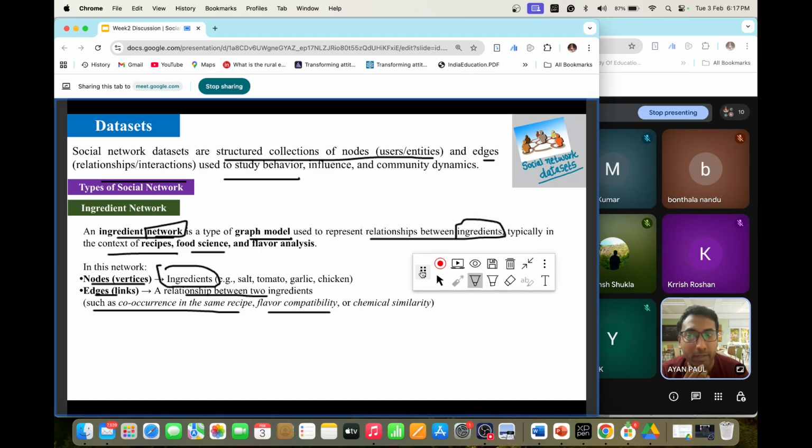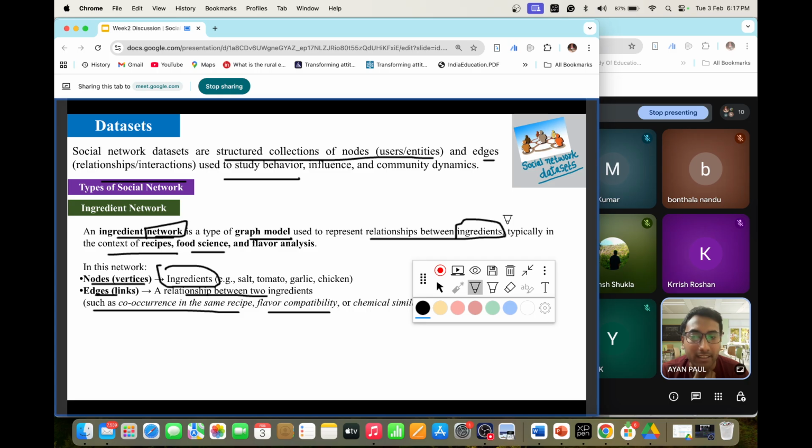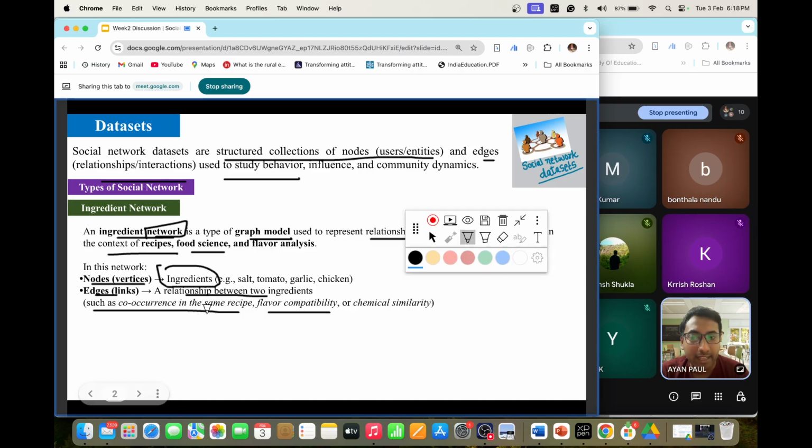Again, I am repeating: an ingredient network is a type of graph model used to represent relationships between ingredients, typically in the context of recipes, food science, flavor analysis, etc. In any network we identify what the nodes are and what the links or edges are. Nodes here are ingredients, and edges are relationships between two ingredients, based on co-occurrence in the same recipe, flavor compatibility, or chemical similarity.